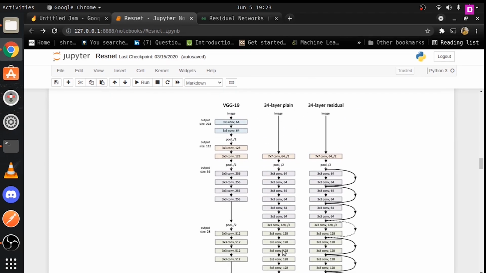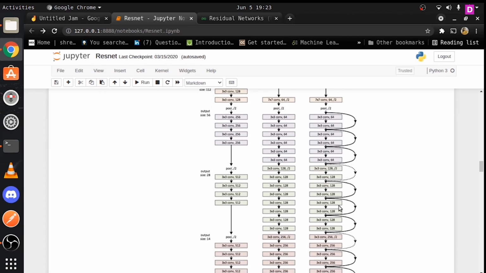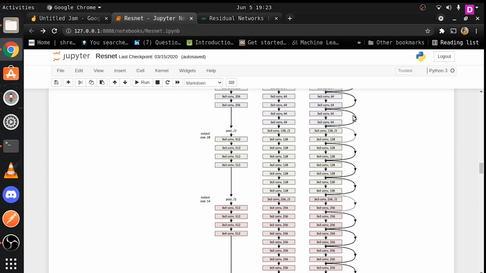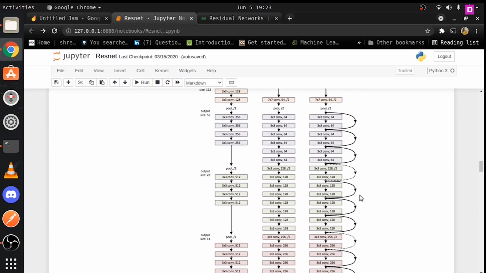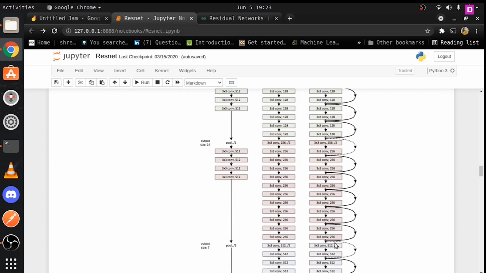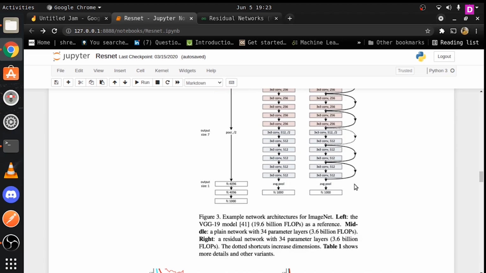That means here you have 34 layers but there are no residual blocks. Now here you have the same thing but with different residual blocks. See, these are all skip connections. These connections are known as skip connections. So this goes on for 34 different layers and till the end you have the final fully connected layer and so on.